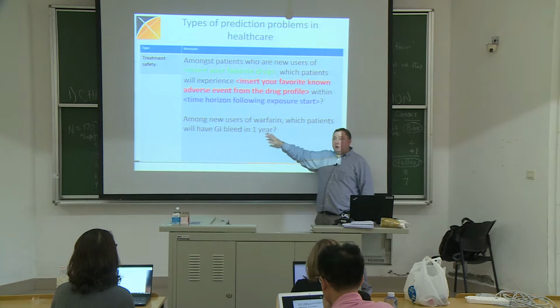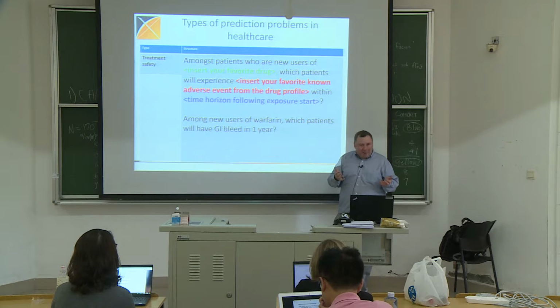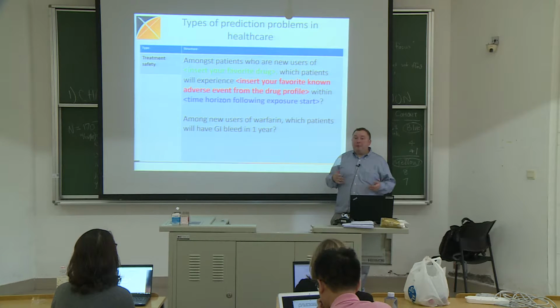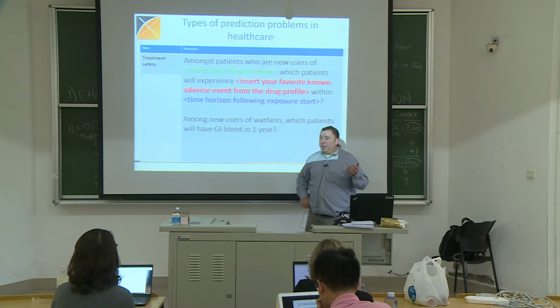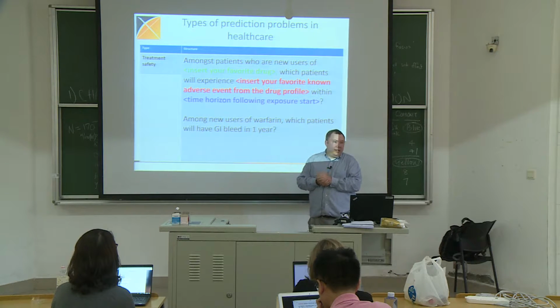And that might help your patients reduce their concerns that bad things are going to happen, because the probabilities might be very small. Or it might help you identify the real risks that you would like to monitor those patients for once you're treating them.